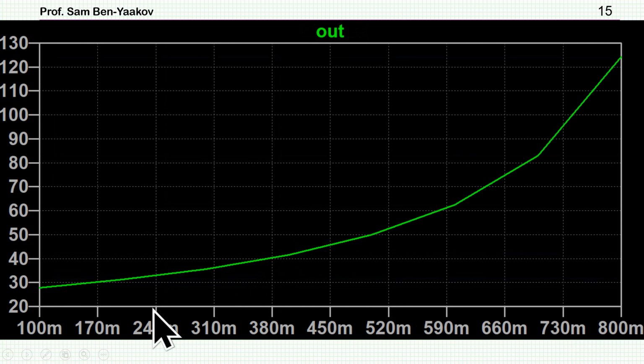So here it is. This is the duty cycle, which has been swept from 0.1 to 0.8, and this is the output, and you can see very nicely the behavior of the boost, 1 over D off, or 1 over 1 minus D on, which is typically nonlinear, of course, and looks like that.